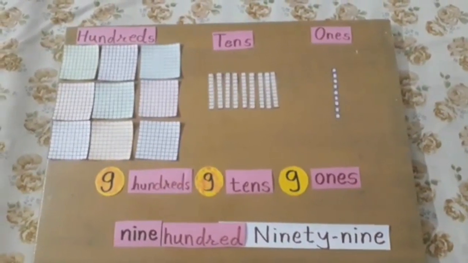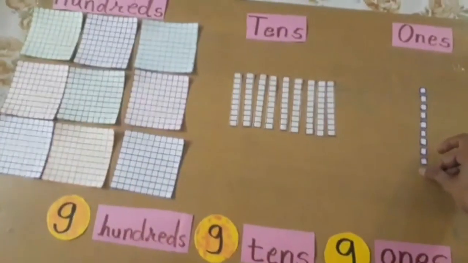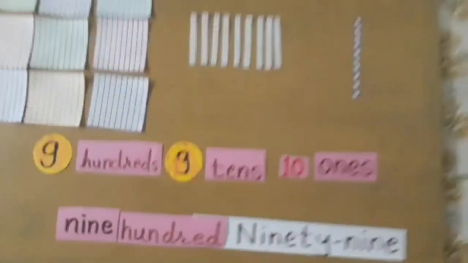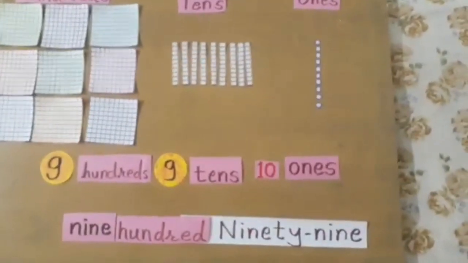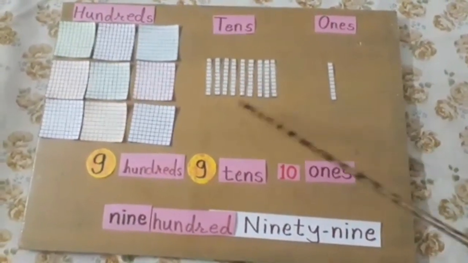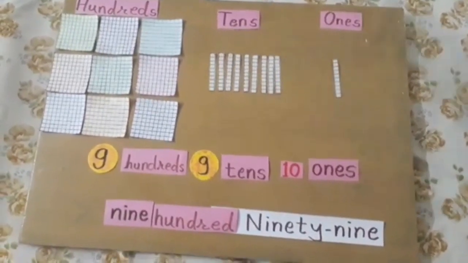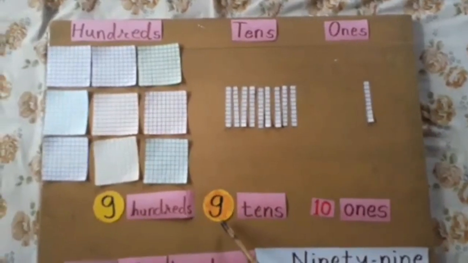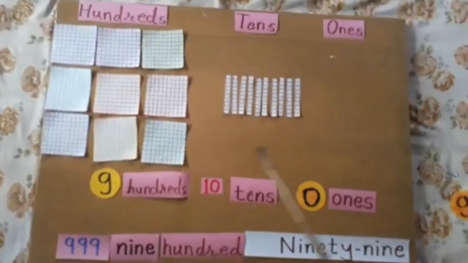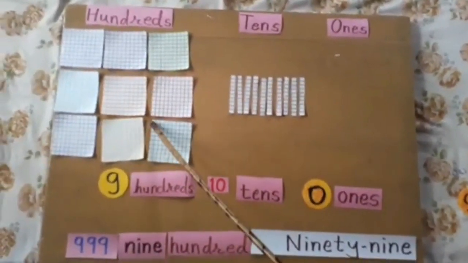When we add one more square in the ones column, it will convert into 10 ones. As we know, 10 ones means 1 ten. So this strip we shift into the tens column. So these tens will become 10 tens and 0 ones. As we know, 10 tens we write as 100.